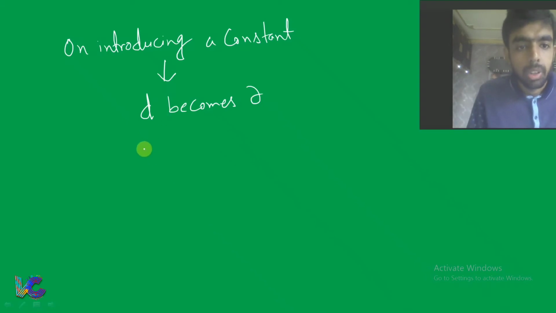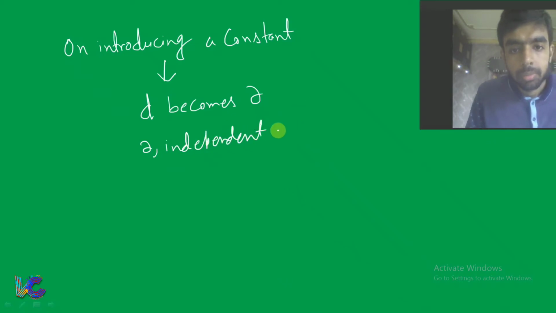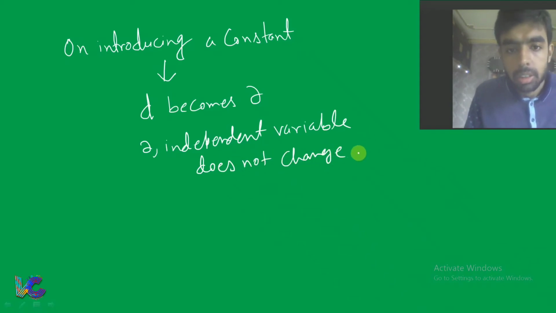Okay, so partial differentiation, and the independent variable does not change. Fine. So on introducing a constant, d becomes del, and the independent variable does not change, and partial differentiation does not change.